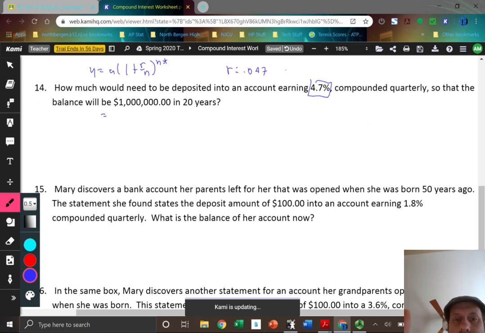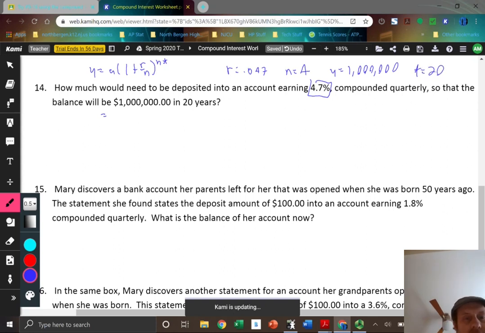Compounded quarterly, n equals 4. The balance will be $1 million. So our balance is our final amount, whatever you called that, A or Y. It's going to be 1 million. And finally, the t, of course, is 20 years.